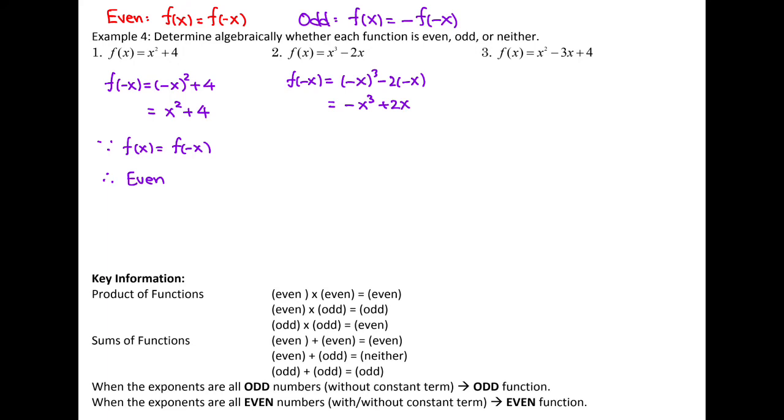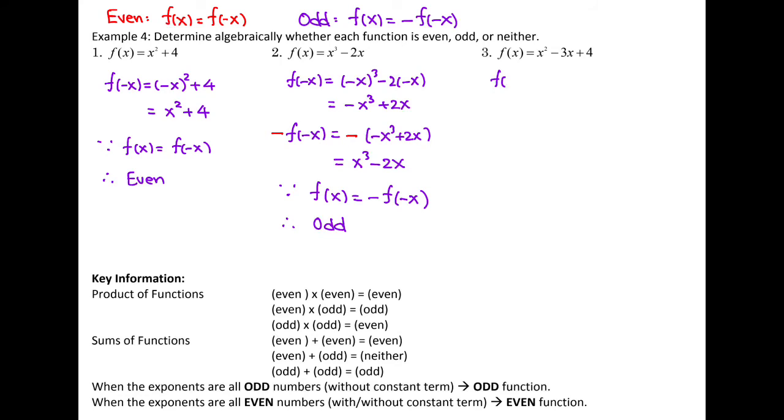Therefore, we're going to multiply it by a -1, which will become the negative of (-x cubed plus 2x), which will become x cubed minus 2x. And now, those two equations are the same. Therefore, we say, because f(x) equals negative f(-x), it is an odd function.